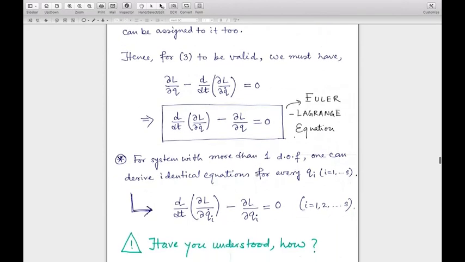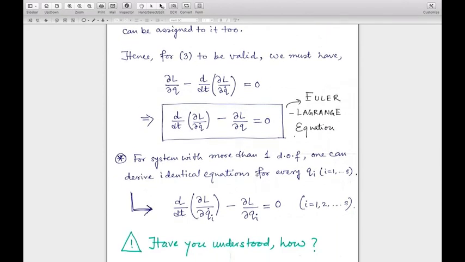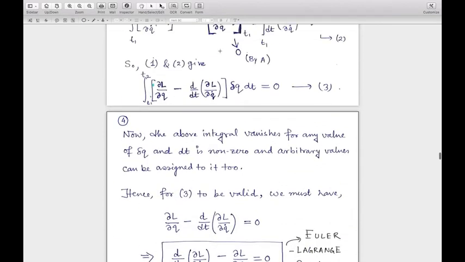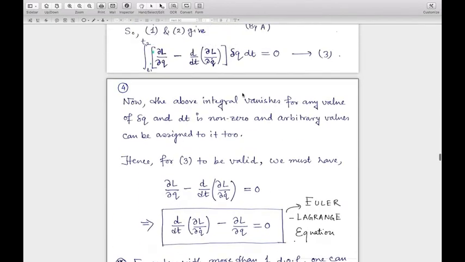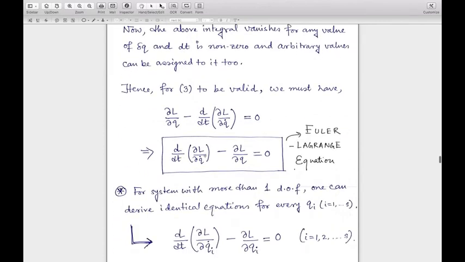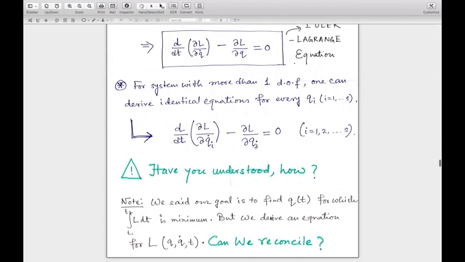And as all of them are independent, in order for this to be generally true for arbitrary choices of δq_i's, you can always say that all of the integrands will separately vanish. Otherwise it is not possible.